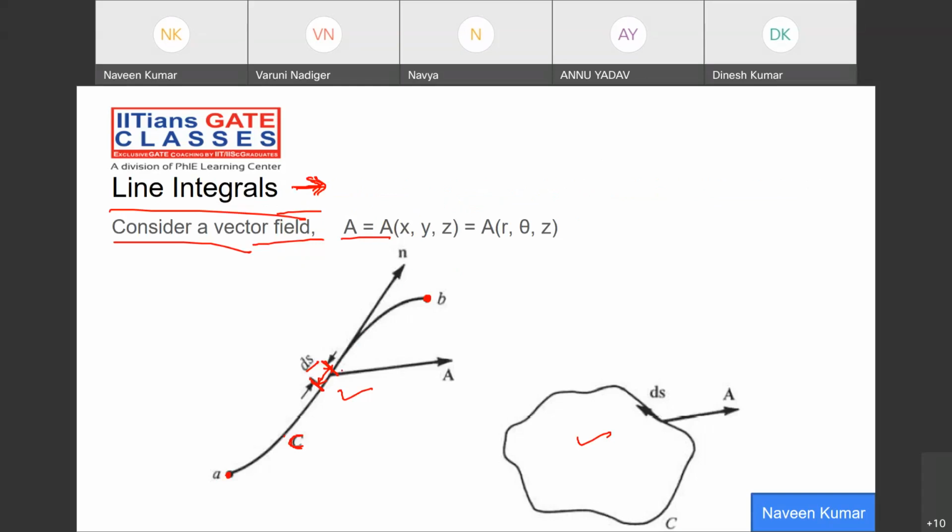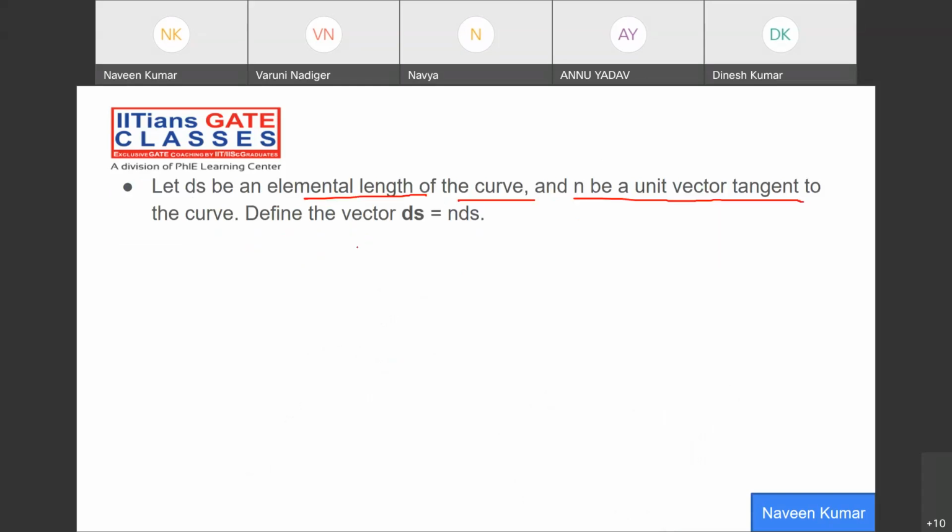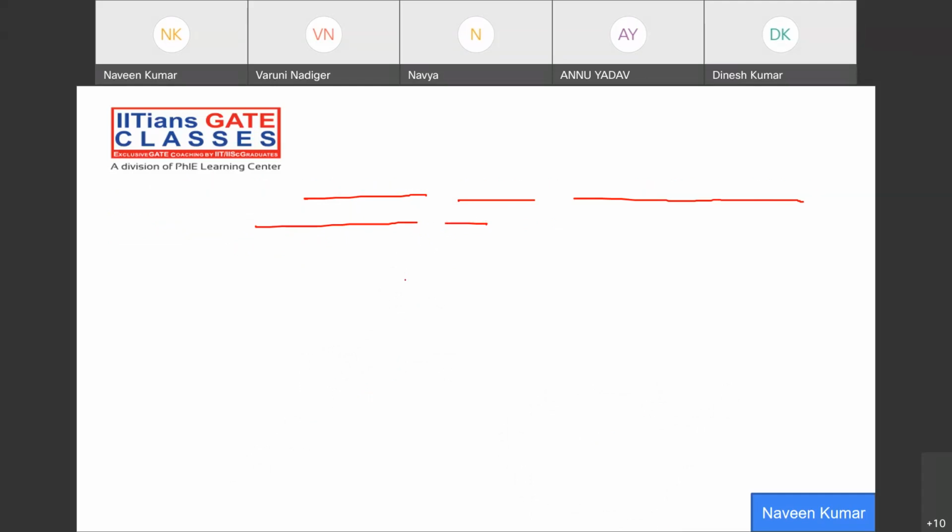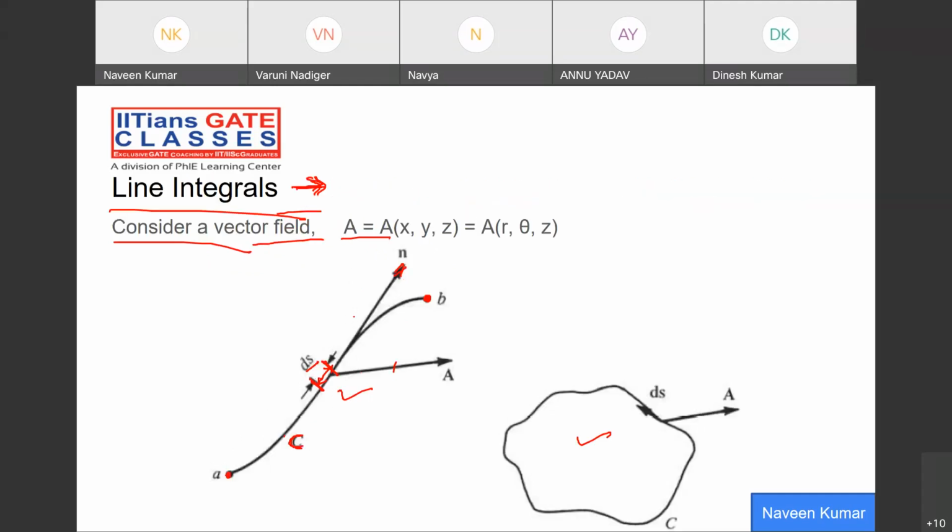With this tangent, we have taken one unit vector. Then define the vector ds as n ds, which gives the direction of this unit length.